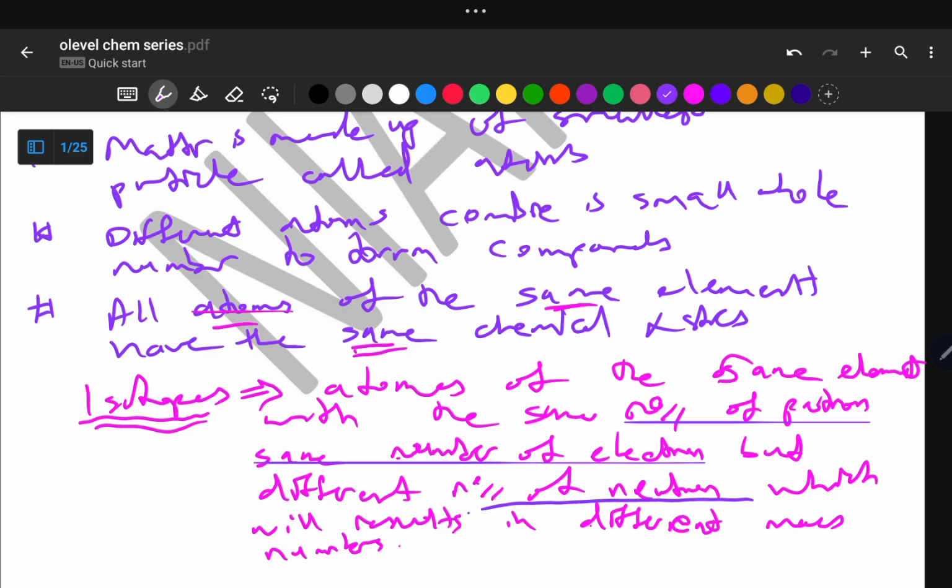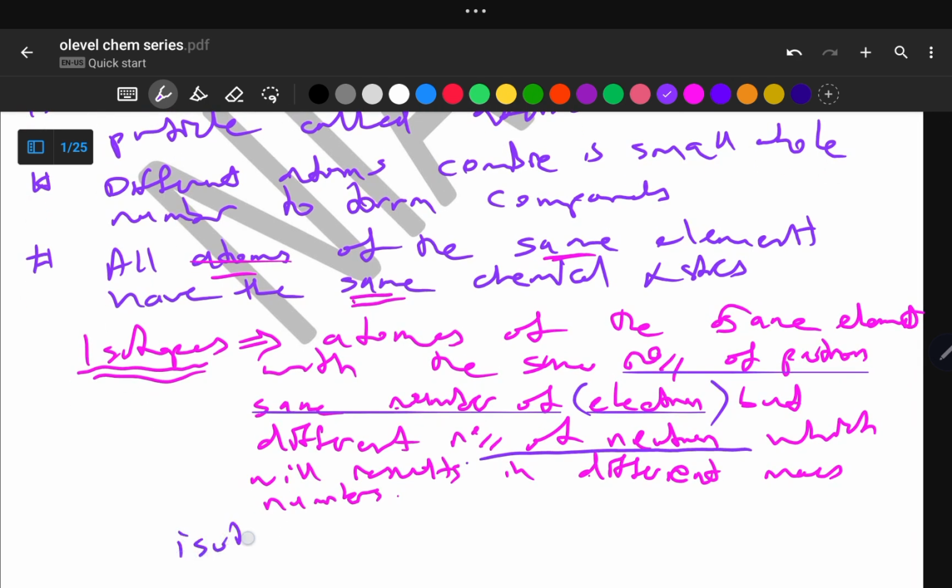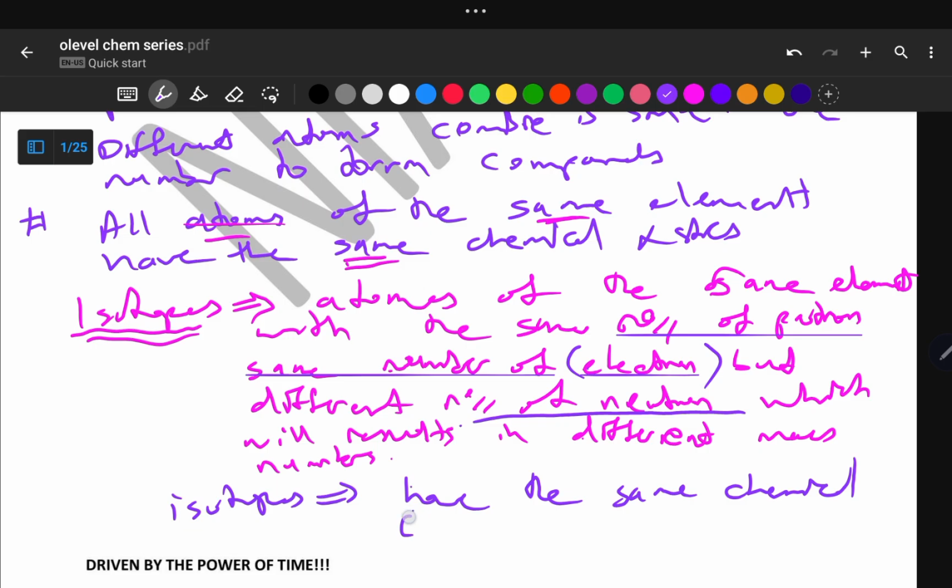We said these are the electrons. So if you have the same electrons, this simply means we are going to have the same chemical properties. So isotopes have the same chemical characteristics, or properties, right?